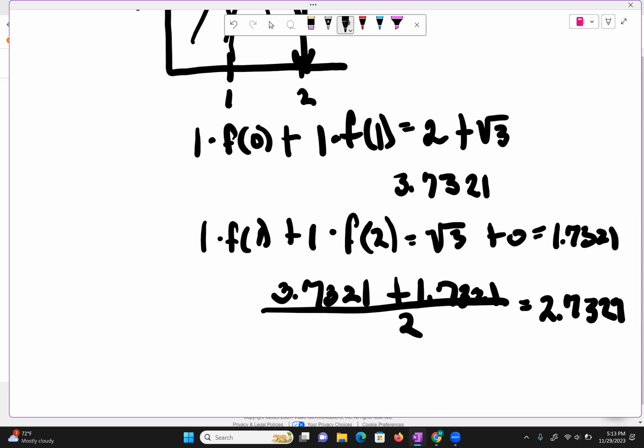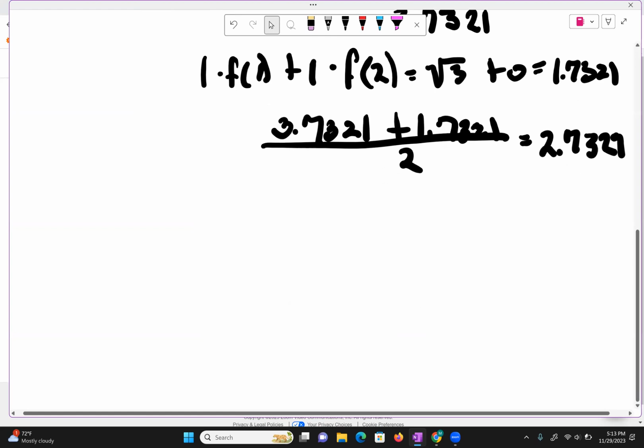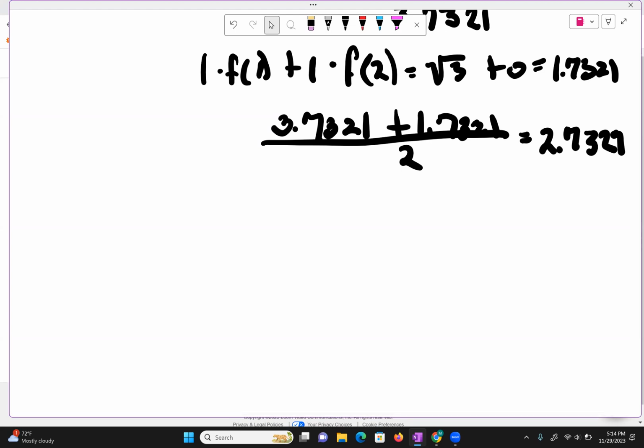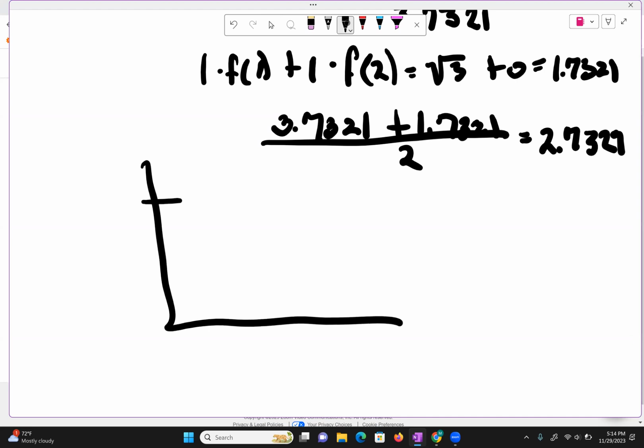Let's do this one more time. Let's take this again and try to repeat part A, using the function at the midpoint of each of the intervals to determine the height. So we'll take that same figure, this being 2, this being 1, and this being 1, and this being 2.